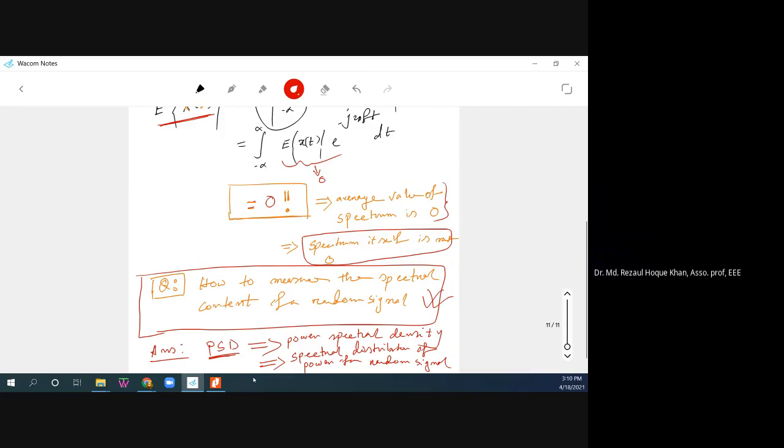The power spectral density gives us the spectral distribution of power of this random signal. So we will get the distribution of power of this signal. So how do we do that?